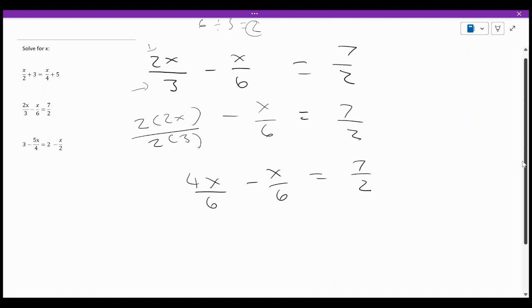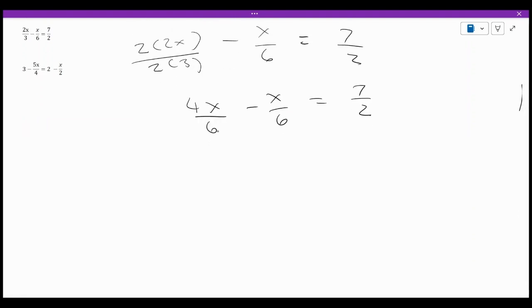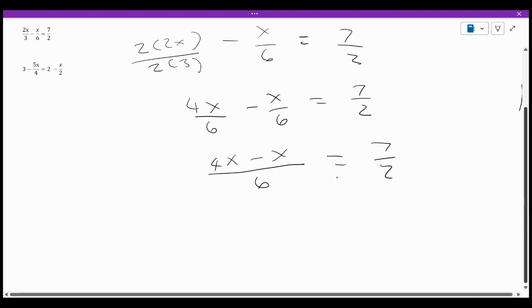Now, since these denominators are the same, we can just put it as 1 divided by 6 is equal to 7 over 2. And then our answer on top is 3x over 6 equals 7 over 2.